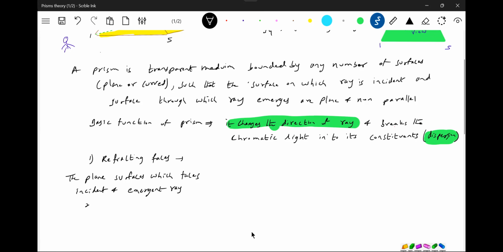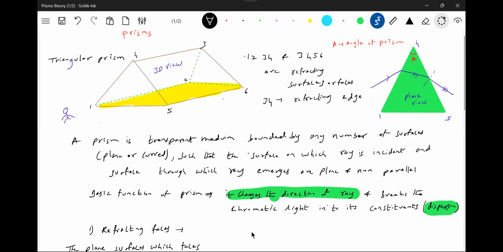So next, refracting edge. The diagonal angle between two refracting faces. So we are not understanding something you are writing. Okay, I'll bring the same diagrams.